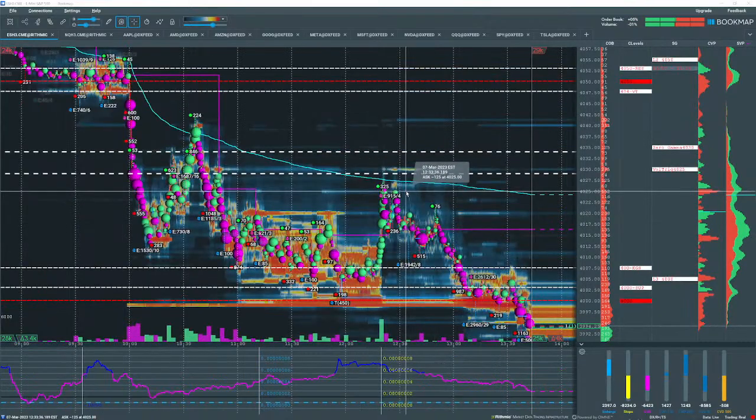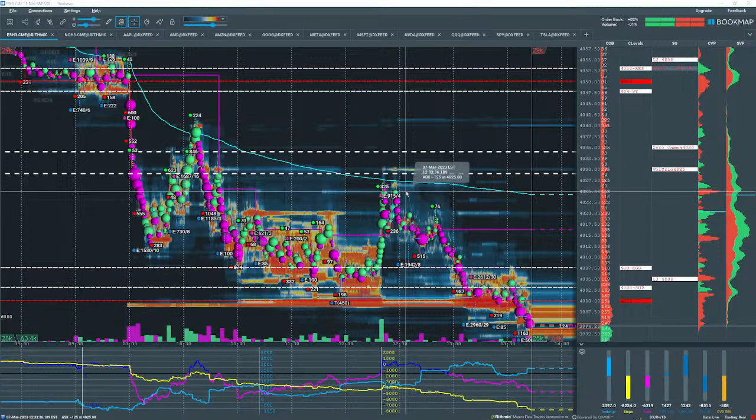So a lot of levels in play today to guide your trading along with order flow, and we'll look at Hero in just a minute.